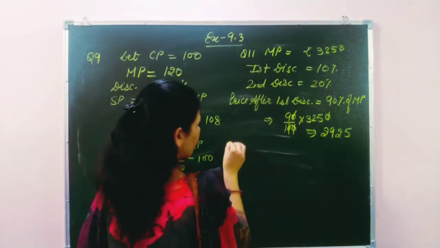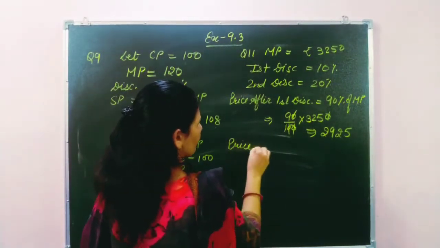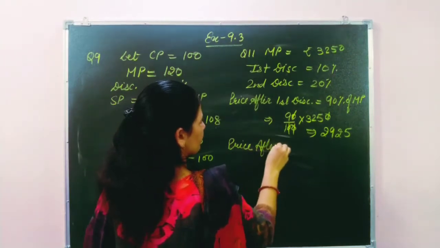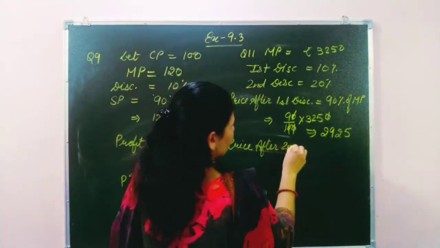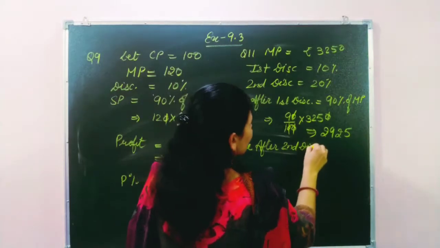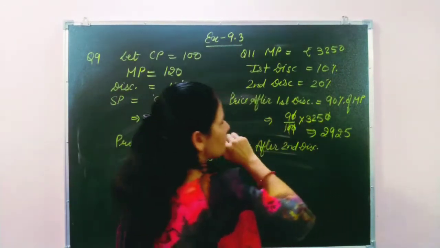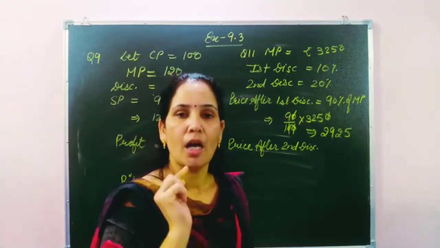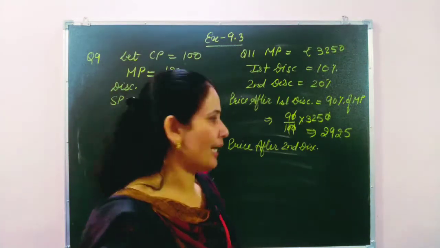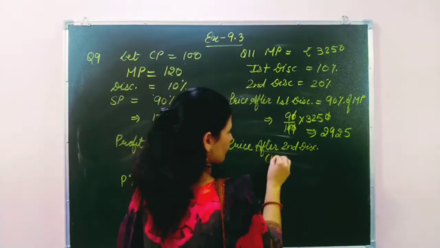Now again, the price after the second discount. The second discount percentage is 20%. 100 minus 20, that means 80%. Observe it here.